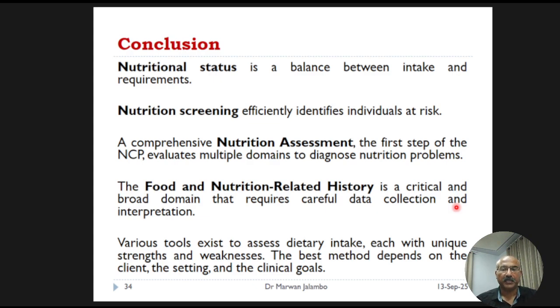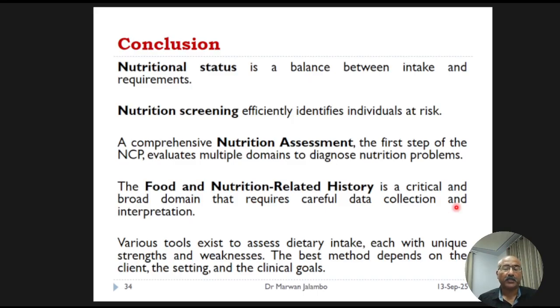Nutrition screening is our essential first step to efficiently identify those who need a full workup. When the client is identified as at risk, we perform a comprehensive nutrition assessment, which is the first step in the nutrition care process and our systematic process for gathering clues.